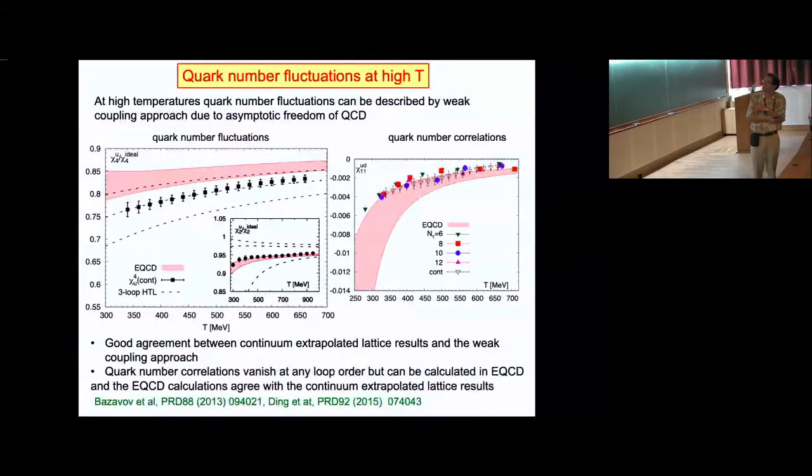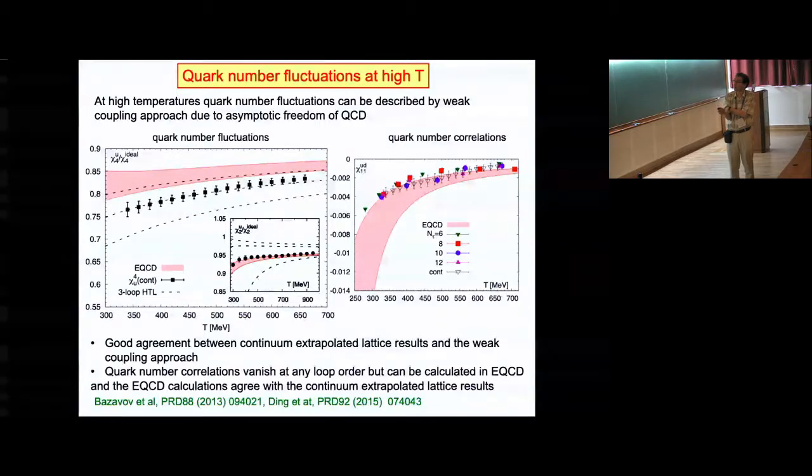So here I show the comparison of the lattice results, and again, the calculations have been carried out at several lattice spacings, extrapolated to the continuum limit. These continuum extrapolated lattice results are shown as these black symbols here.